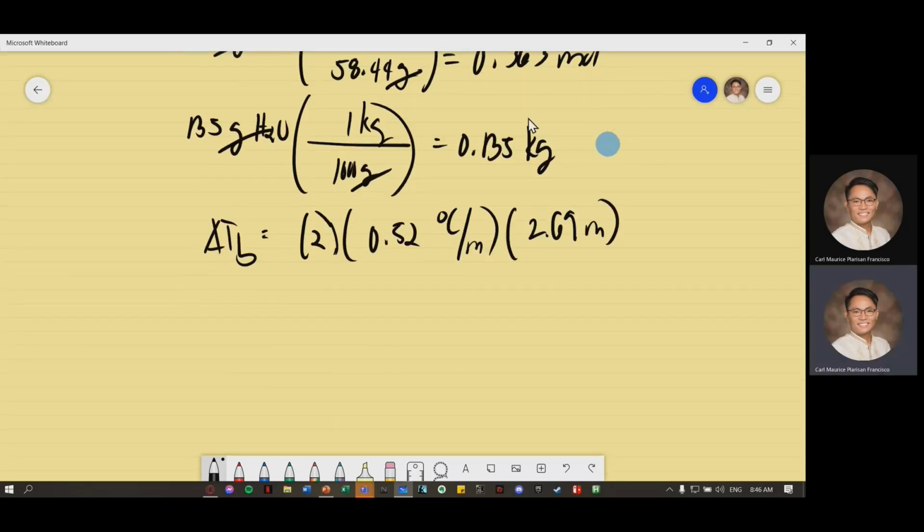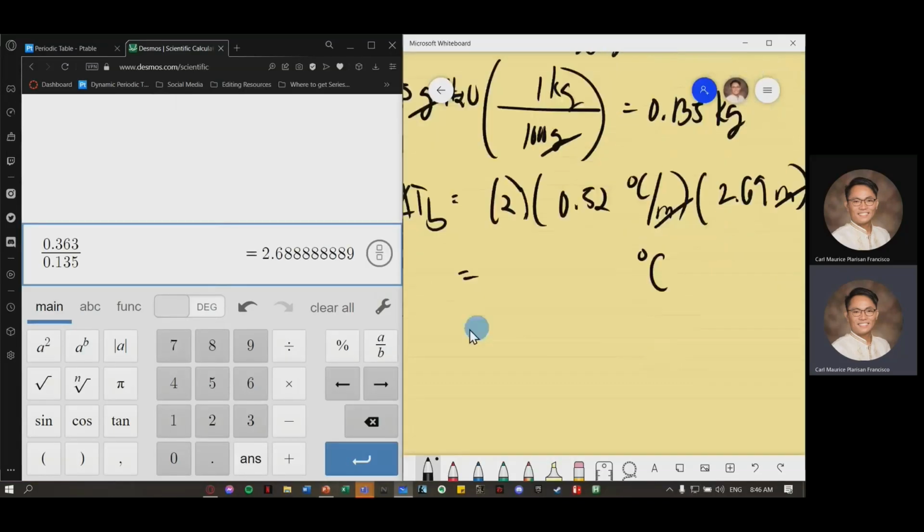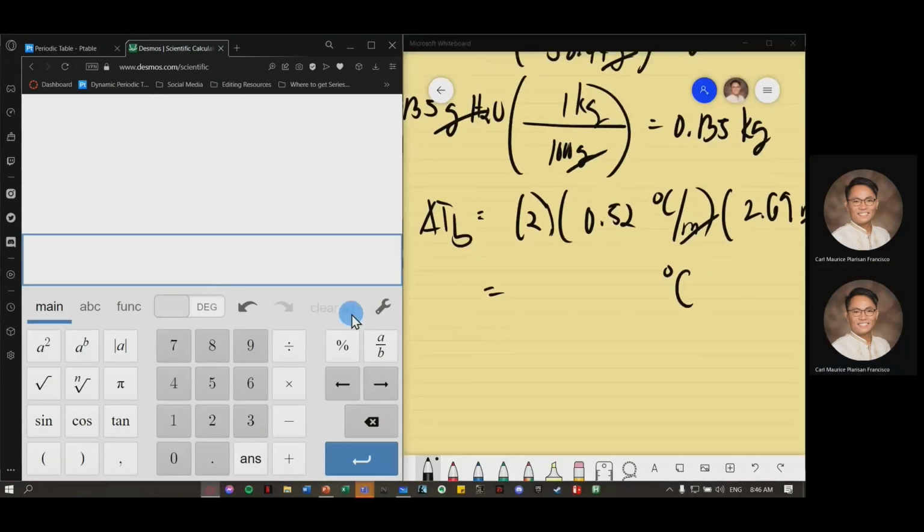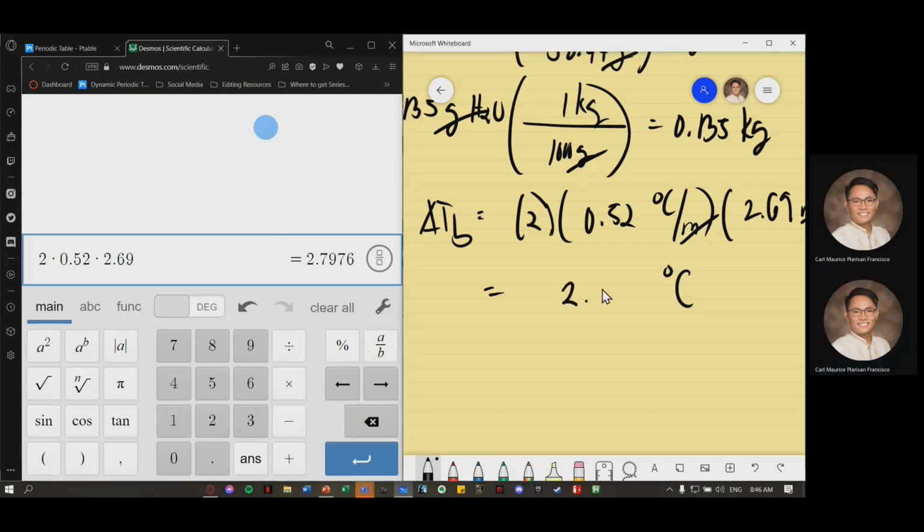Okay, so molality is cancelled. What remains is the unit degree Celsius, which is appropriate for boiling point elevation. So 2 times 0.52 times 2.69, we have 2.80, 3 significant figures. So change in T_b.